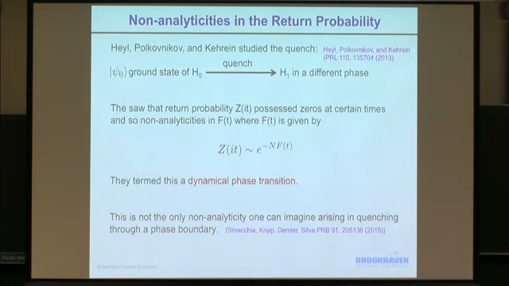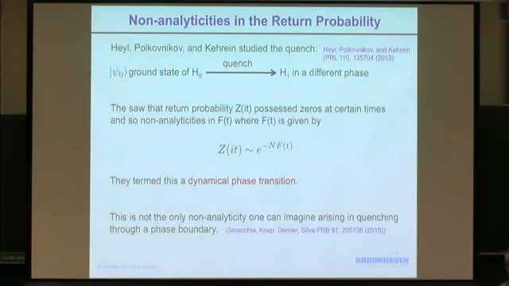What they noticed is that the return probability had zeros, or alternatively this quantity f of t had non-analyticities. And at least in the model they were studying, the 1D quantum Ising chain, these zeros or non-analyticities appeared only if you crossed the phase boundary. So you quench from the ordered to the disordered phase, for example. When they noticed this, they termed it a dynamical phase transition.